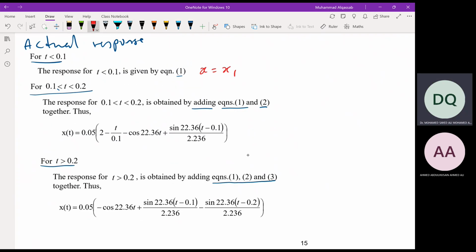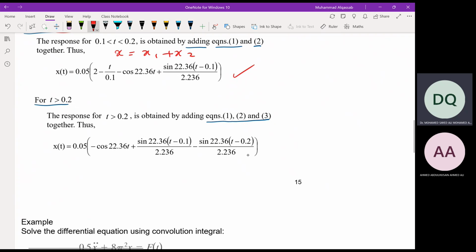For adding equation 1 and equation 2, x equals x1 plus x2, and then substituting for x1 and x2, we can simplify, and this is the solution, valid for t between 0.1 and 0.2. For t greater than 0.2, x will be x1 plus x2 plus x3, and simplifying, we get the final equation for t greater than 0.2.